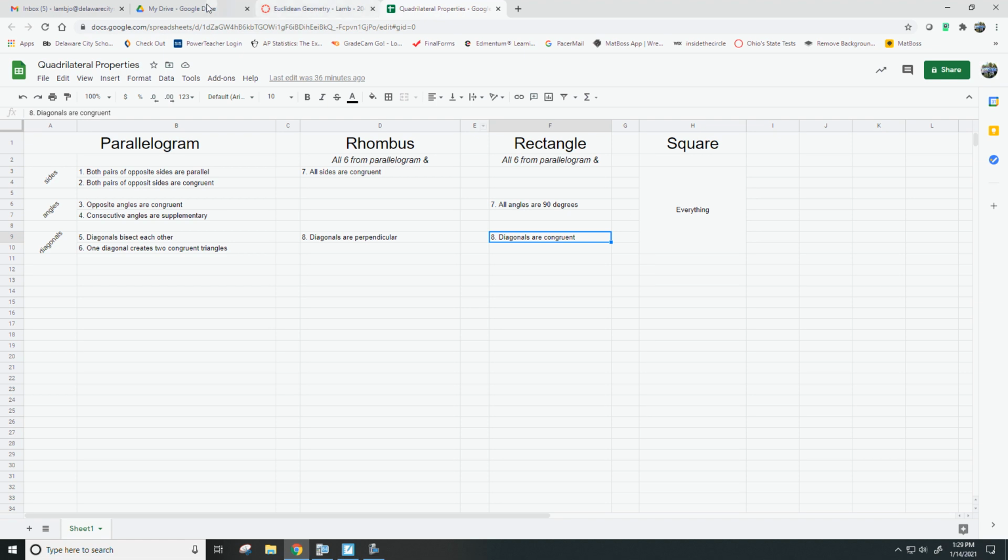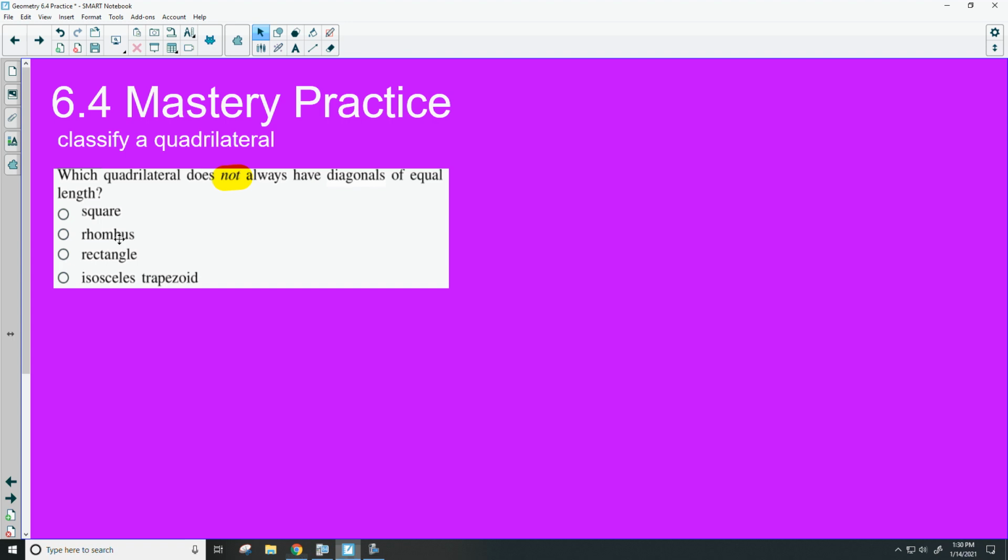So rectangles or squares. So it says not, so I won't pick square, and I won't pick rectangle. So my option is rhombus and isosceles trapezoid.